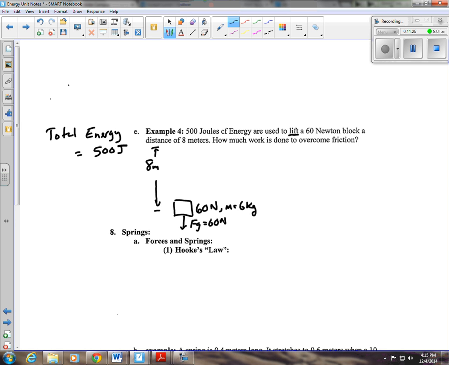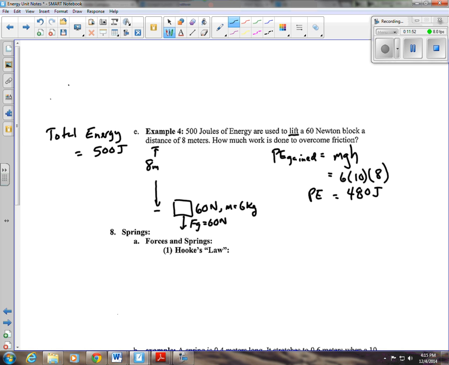So let's find the potential energy that it gains as I'm lifting it. PE gain is going to be mgh. Now the mass of this was 6, g is 10, and h is 8 meters. And that's going to give me a potential energy of 480 joules.